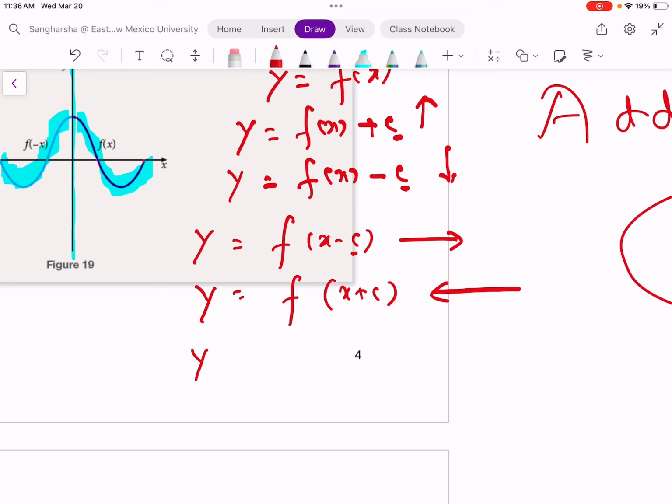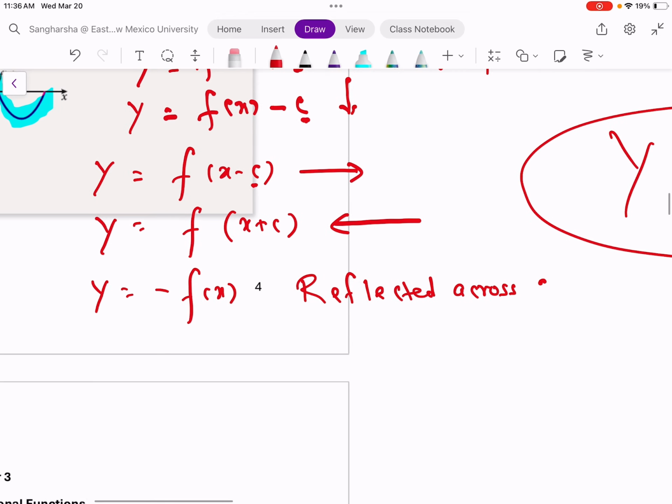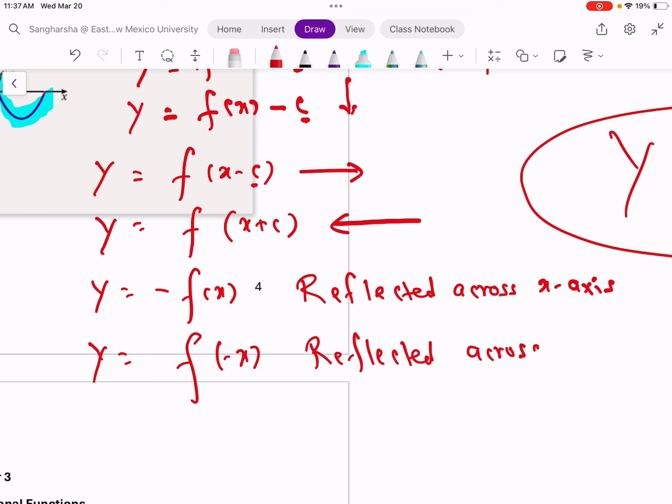And two more. If you multiply your function by a negative, so you have a negative in front, what happens to the graph? It is reflected across the x-axis. And the last one, if you replace x by negative x, then it is reflected across the y-axis.